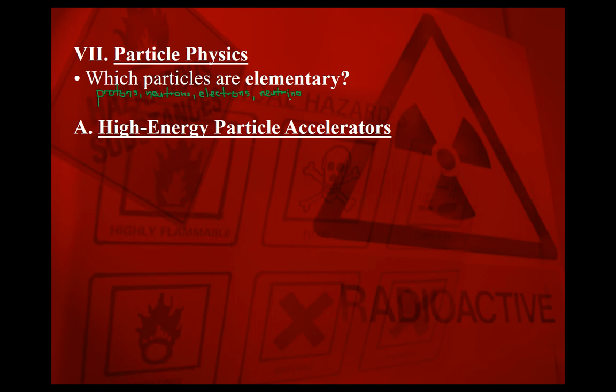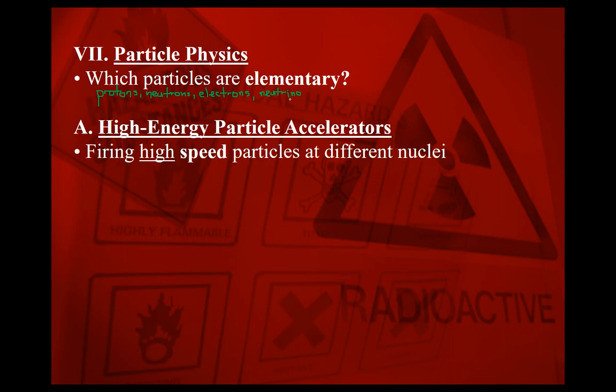Now, to answer this question, which particles are fundamental, physicists need to make use of high energy particle accelerators. What do we do with a high energy particle accelerator? Well, we take certain particles and we fire them at different nuclei. Okay, so I'm just going to sketch a little picture here. I'm going to draw a circle, and I'm going to call this the target nuclei.